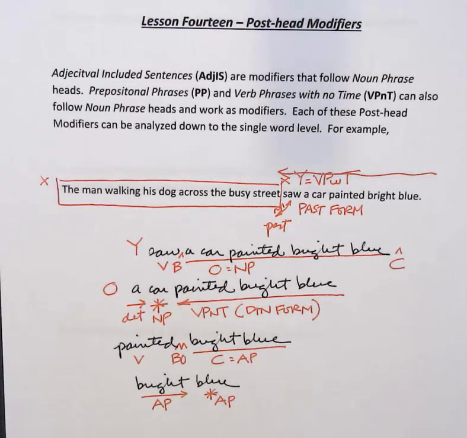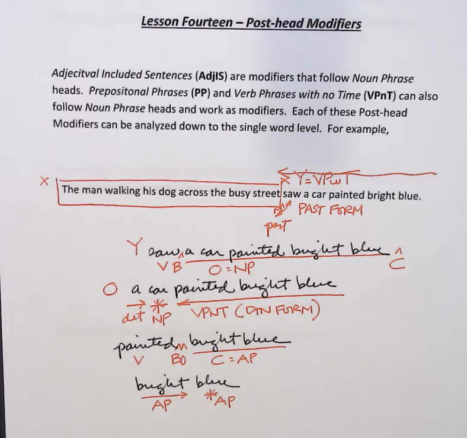So we were able to take this verb phrase with no time, bring it down and treat it like a Y, we could find the different places, and then we could take any of the phrases, for example, the adjective phrase we found in the complement, and then break that down, as we did when we started to learn about modifiers in lesson 13.